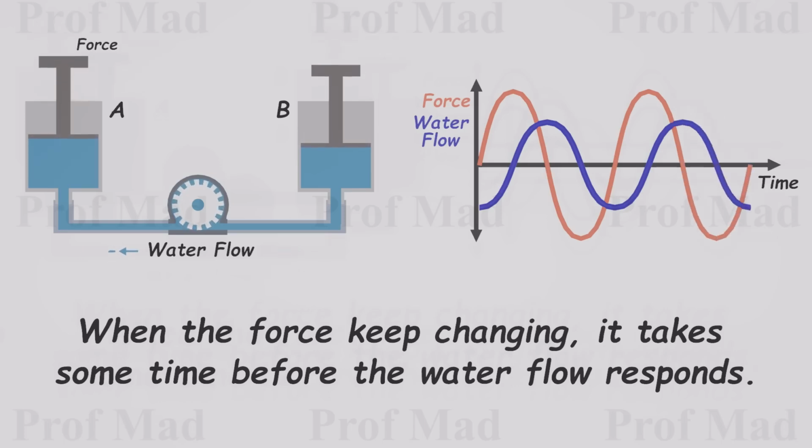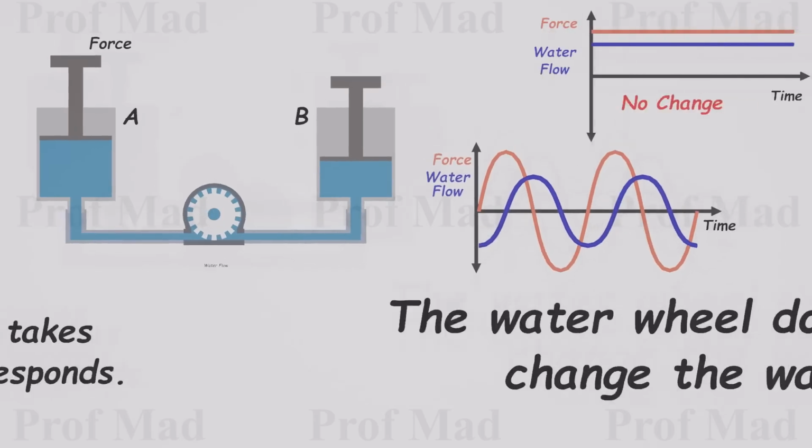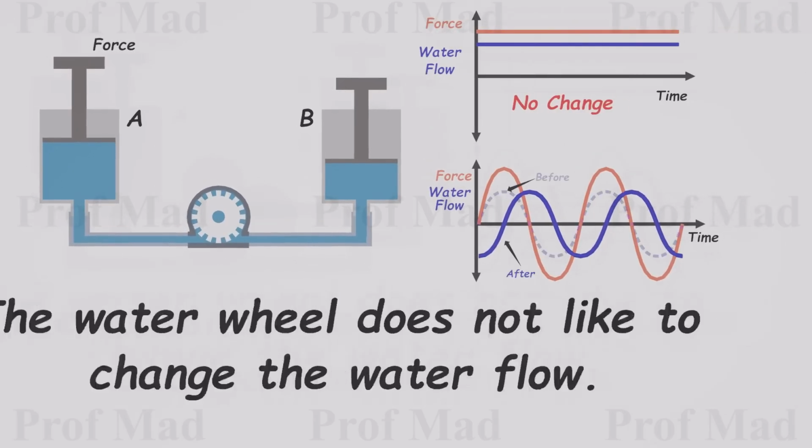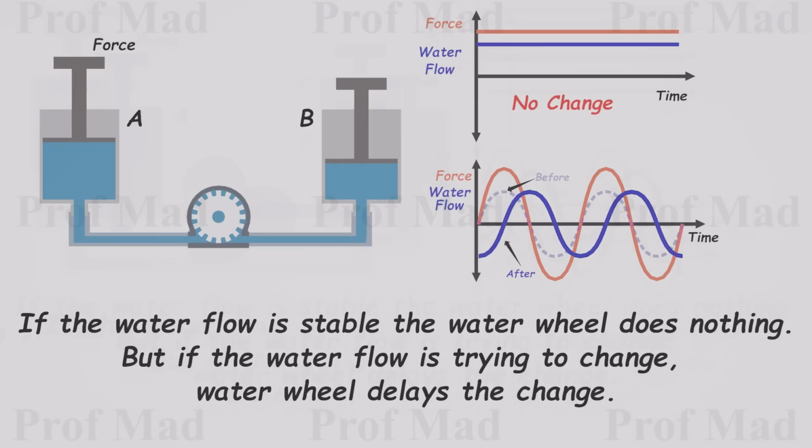In general terms, we can say the water wheel resists abrupt changes in water flow. If the water flow is steady, the water wheel does not interfere with it. However, if the water flow attempts to change, the water wheel delays this change.